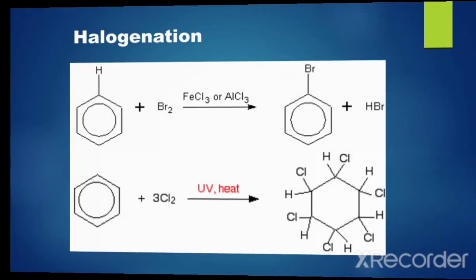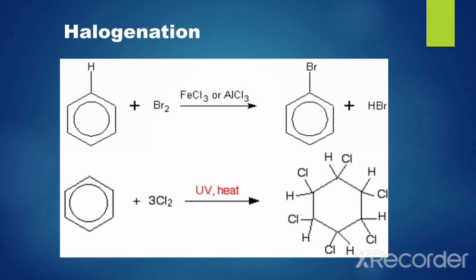Next is halogenation of benzene. So halogenation is a process in which we add halogen to a benzene ring. In benzene ring, one carbon that contains a single hydrogen with a sigma bond, the halogen will replace that hydrogen from the carbon atom.